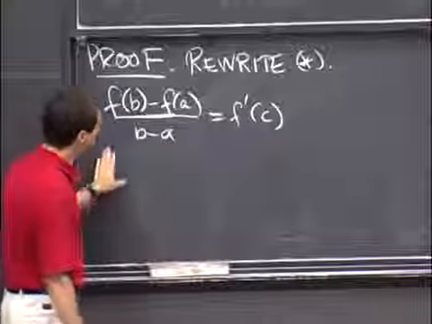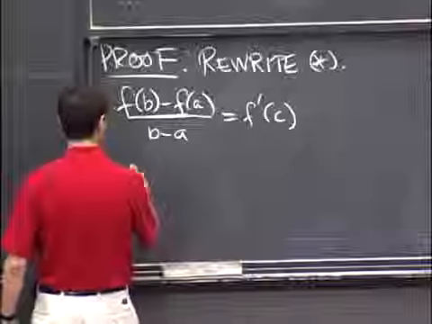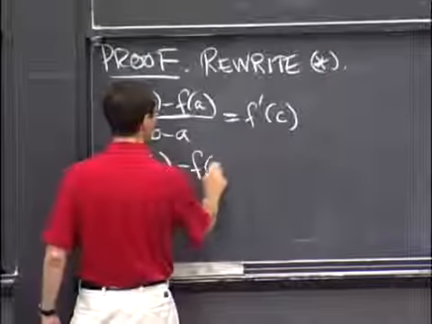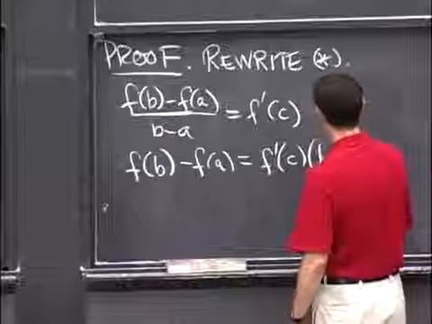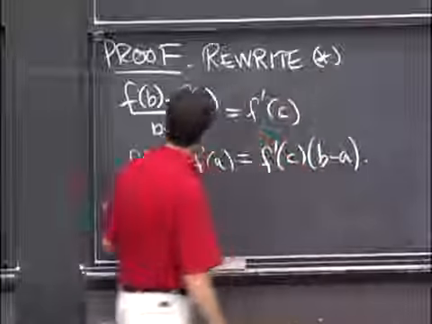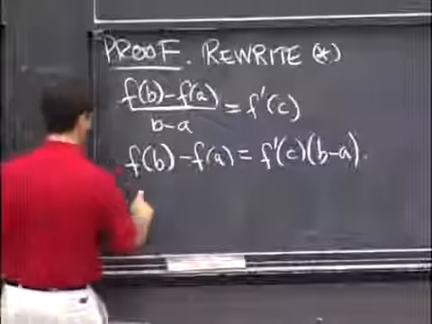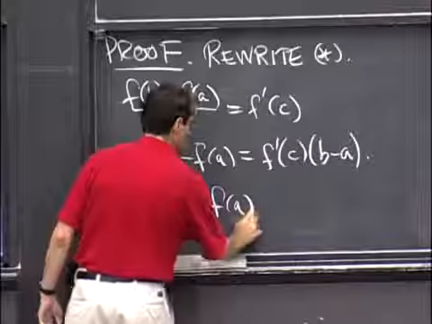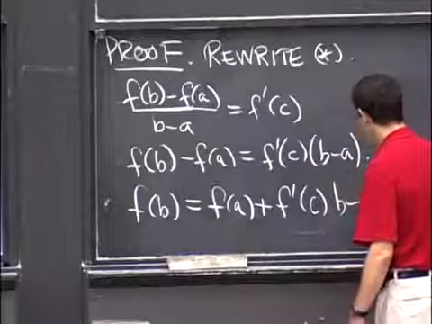In order to express this, though, I'm going to just rewrite it a couple of times here. So here's f of a, multiplying through by the denominator. And now I'm going to write it in another customary form for the mean value theorem, which is f of b is equal to f of a plus f prime of c times b minus a.